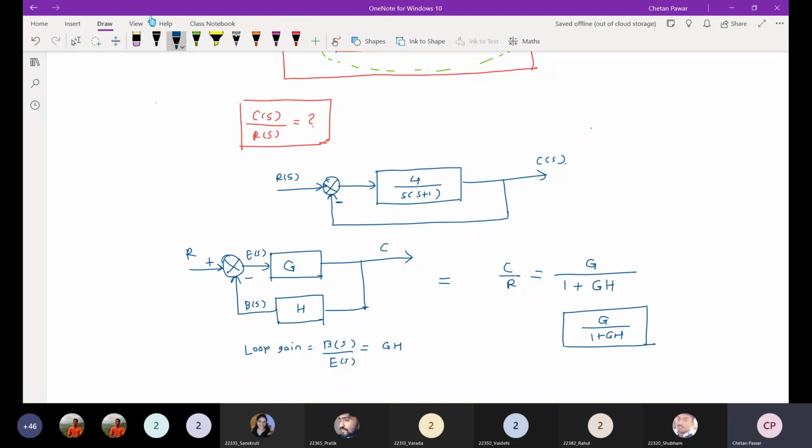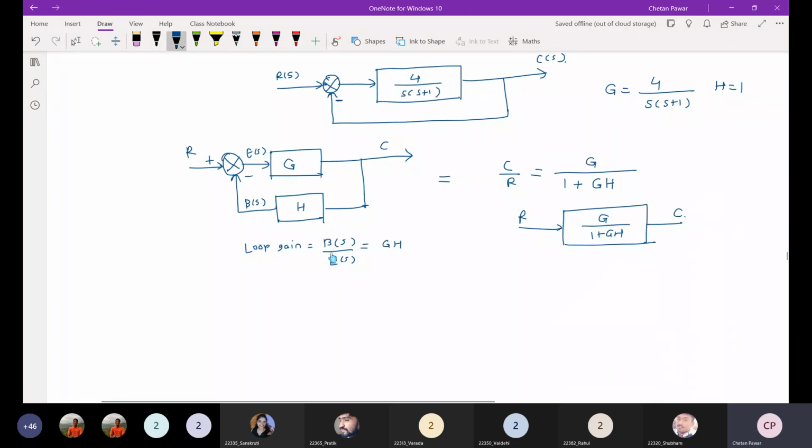Okay. So this is the overall block we get. Right. So here, if you see this particular block diagram, G is 4 upon S into S plus 1 and H is 1. I am not mentioning G of S and H of S, that is implied here. I am directly using shortcuts.